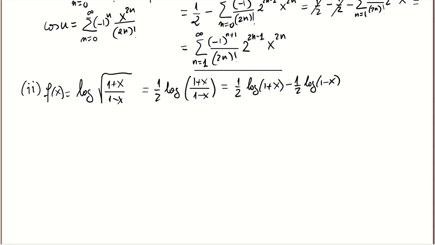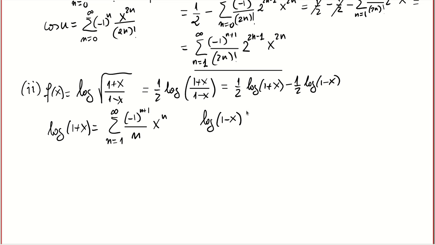So let's do that. The logarithm of 1 plus x is equal to the sum from n equals 1 to infinity of (minus 1)^(n+1) over n times x^n. So if you change x to minus x, you get the logarithm of 1 minus x.